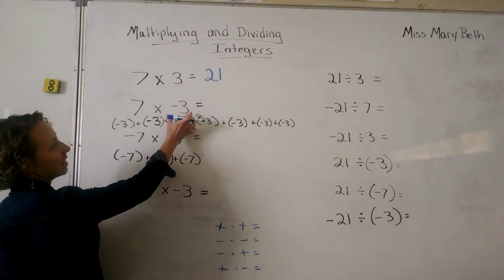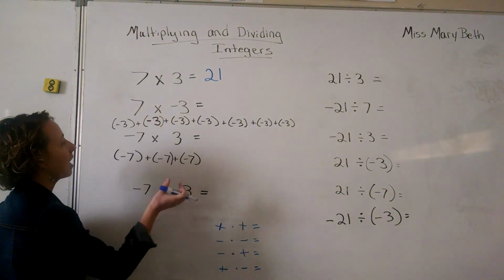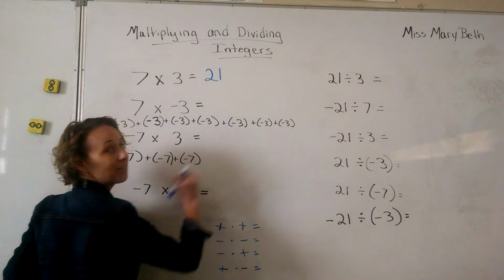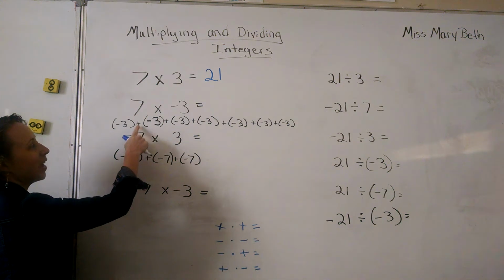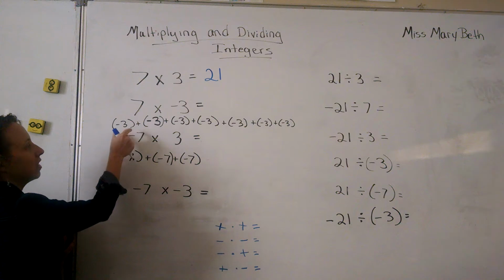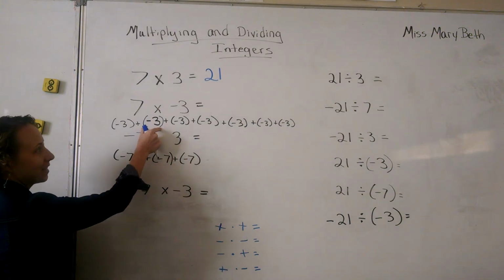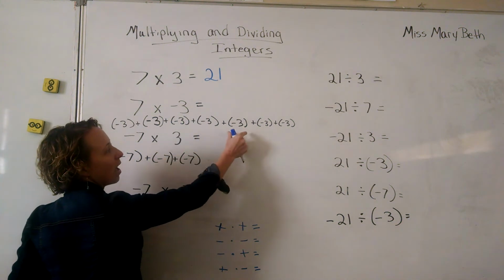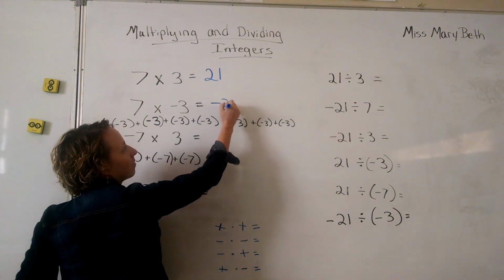So we can think of this as negative 3 added to itself 7 times. 1, 2, 3, 4, 5, 6, 7 negative 3's all added together. We know when we add a negative number, we're moving in the negative direction. So negative 3 plus negative 3 more is negative 6. Plus negative 3 more, negative 9, negative 12, negative 15, negative 18, negative 21.